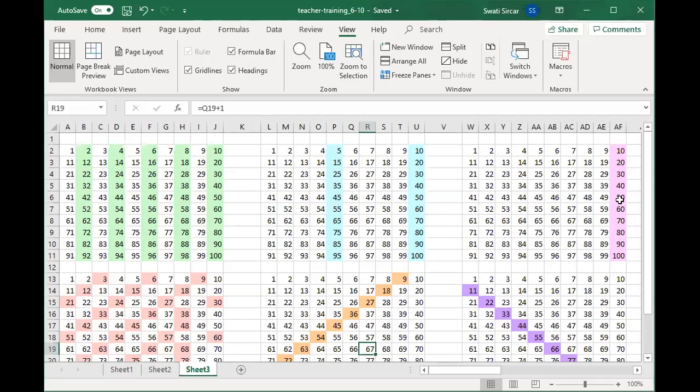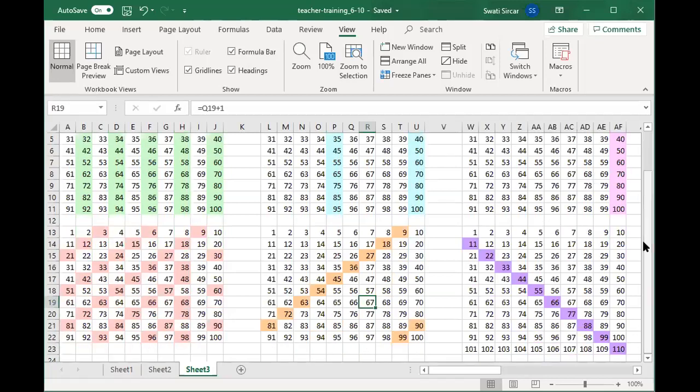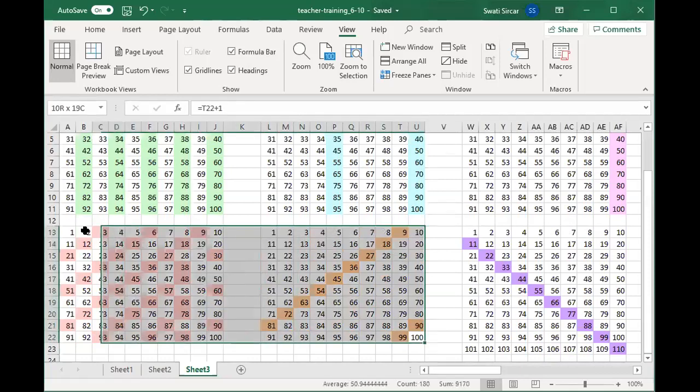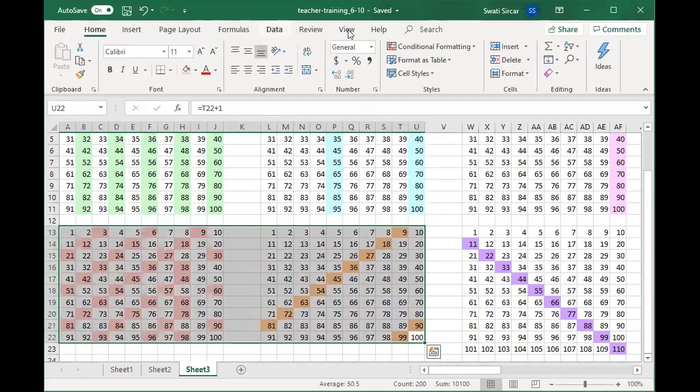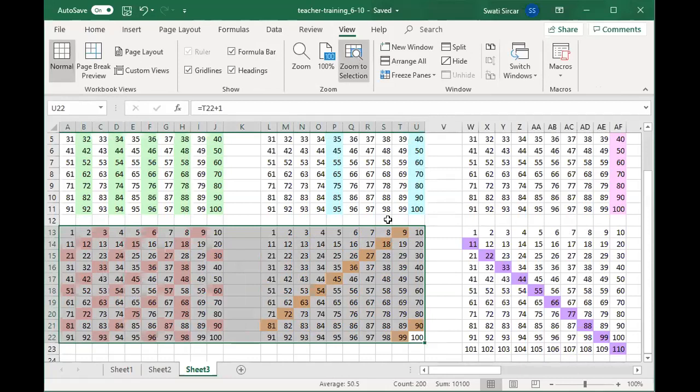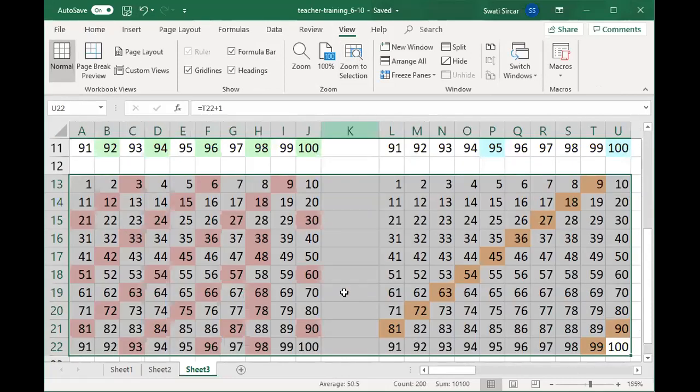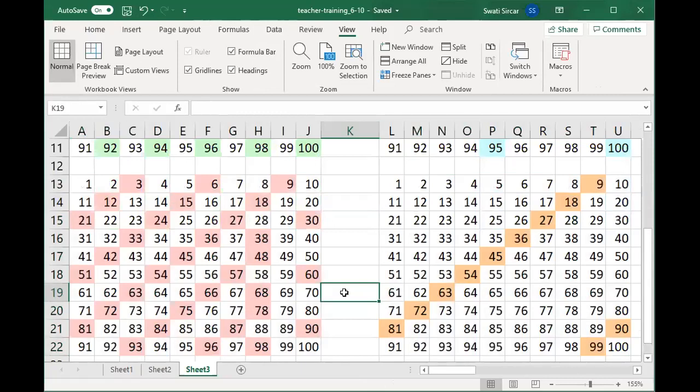Now, what about these two, where you have a diagonal line? What is happening here?